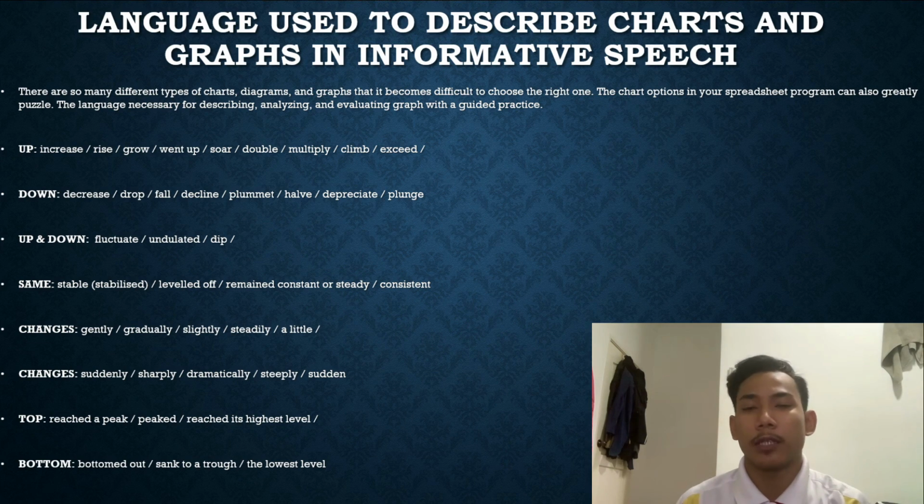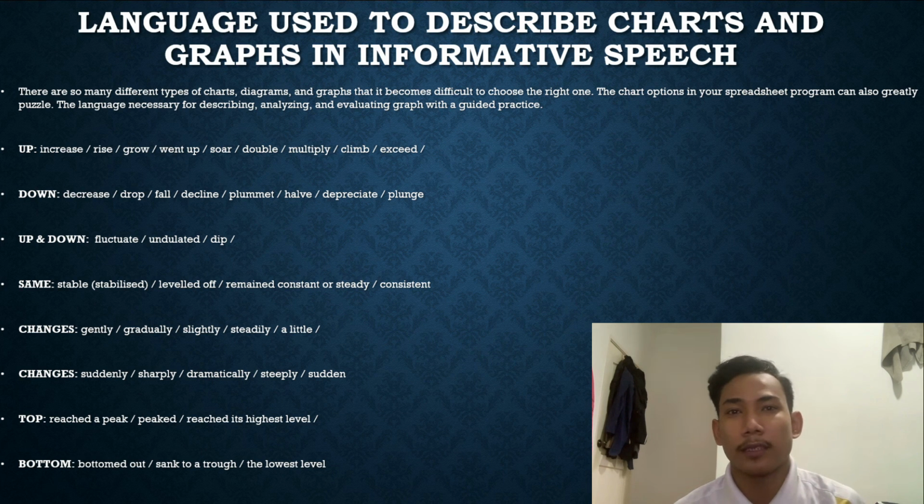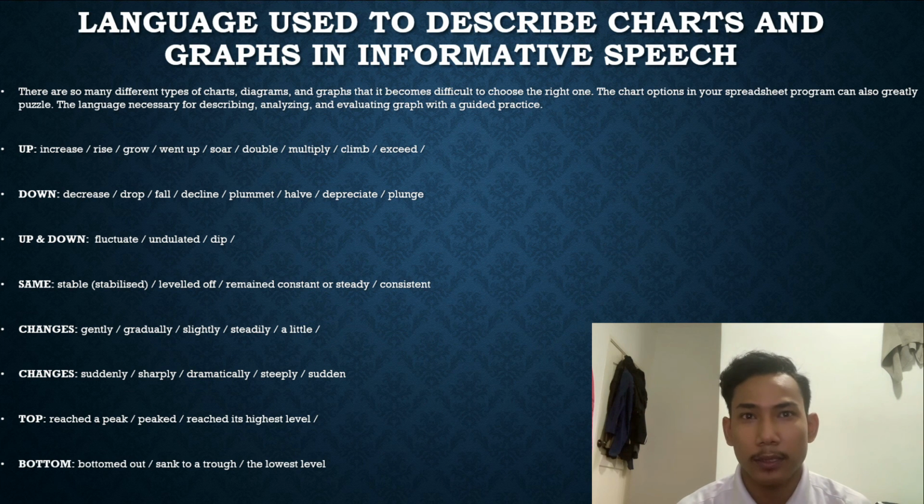And then we move to the language used to describe charts and graphs in informative speech. As you can see in the slide, there are several of them. There are so many different types of charts, diagrams and graphs that it becomes difficult to choose the right one. The chart options in your spreadsheet program can also greatly puzzle.